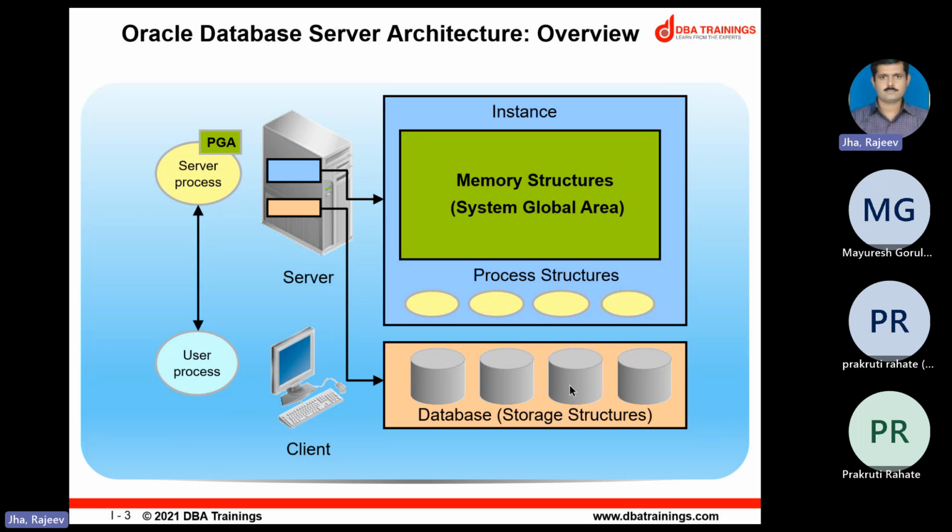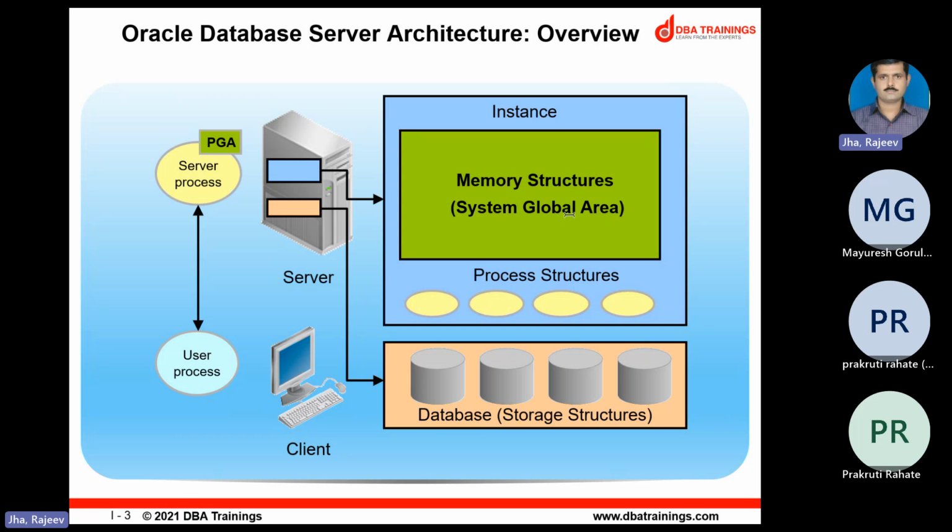Whenever you start the instance, by default one thing will come in the memory structure, the SGA, the system global area. So SGA is allocated whenever my instance starts. Now, as I said, there are various types of background processes, like SMON, PMON, LGWR.